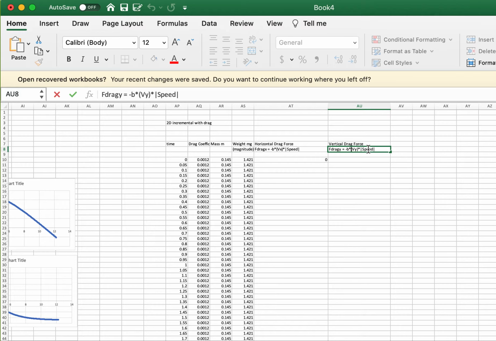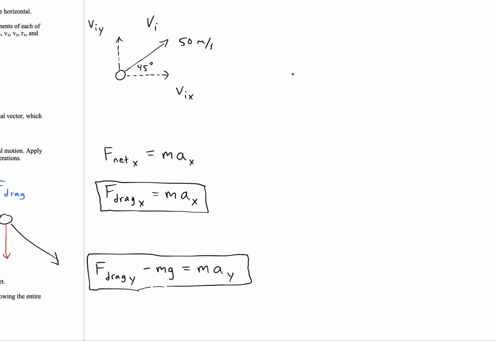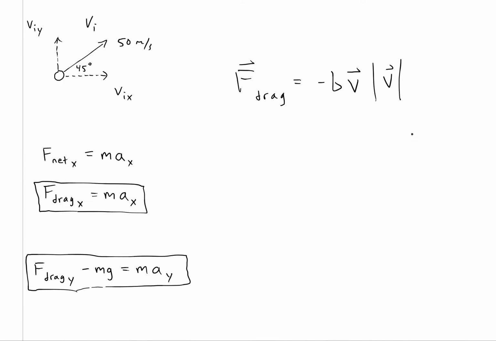All right, so how did I know to use those? Let me explain. See, the drag force is a vector. But let's look very closely at these notations. Velocity has two components.